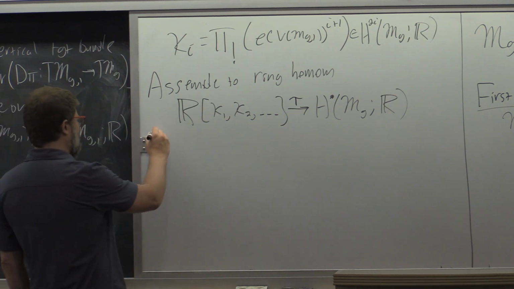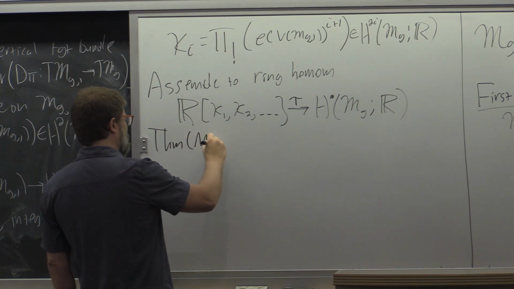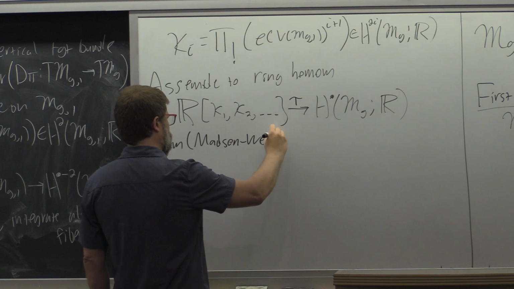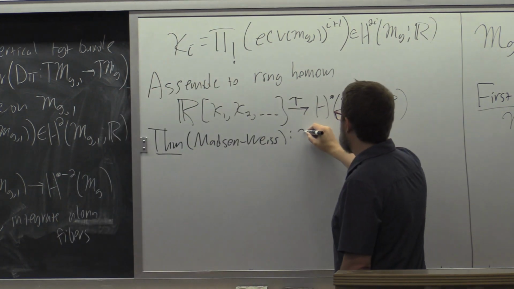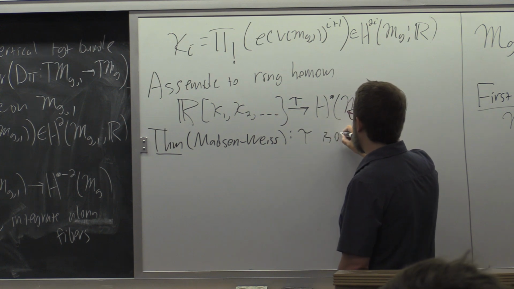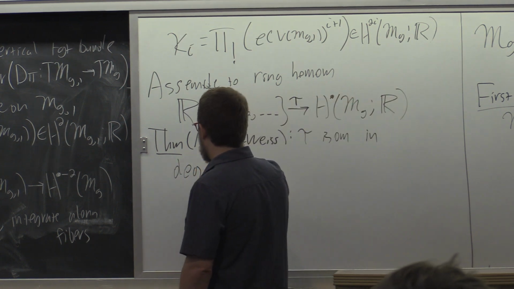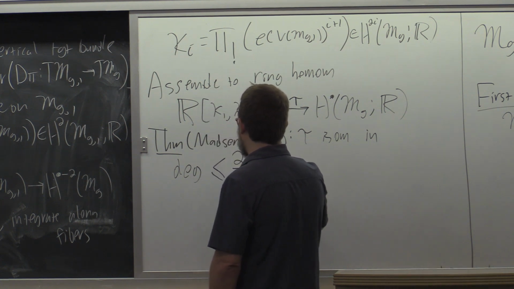And so there's a theorem of Madsen and Weiss which says that tau is an isomorphism in degrees that are less than or equal to, I think the right number now is, 2/3 times g.